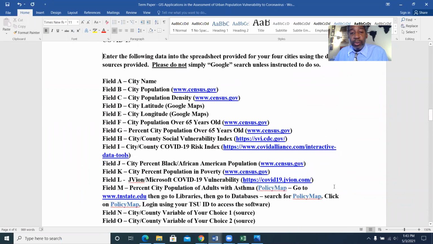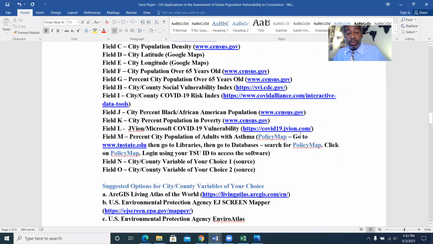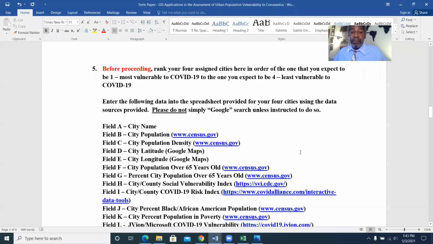On Thursday, we're going to dedicate class time to working through, or at least showing you how to work through, how to populate the GIS, Geographic Information Systems, attribute table.